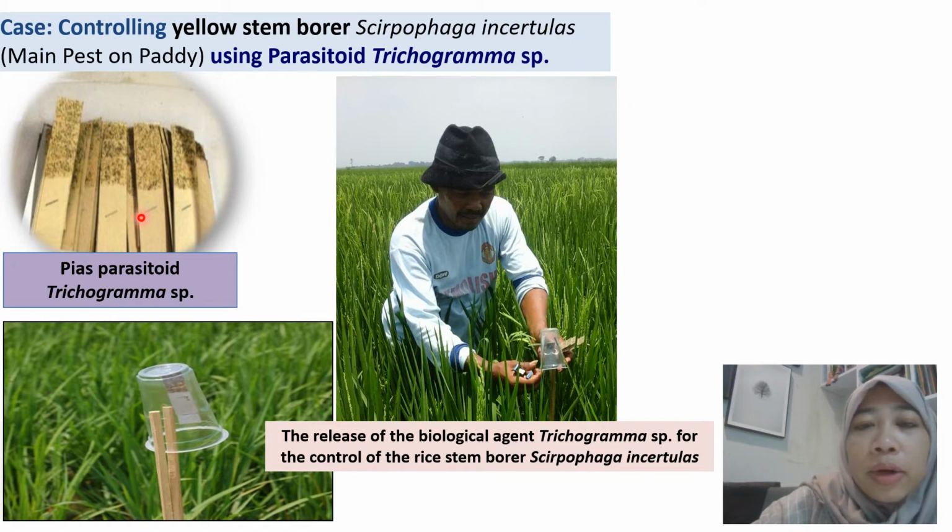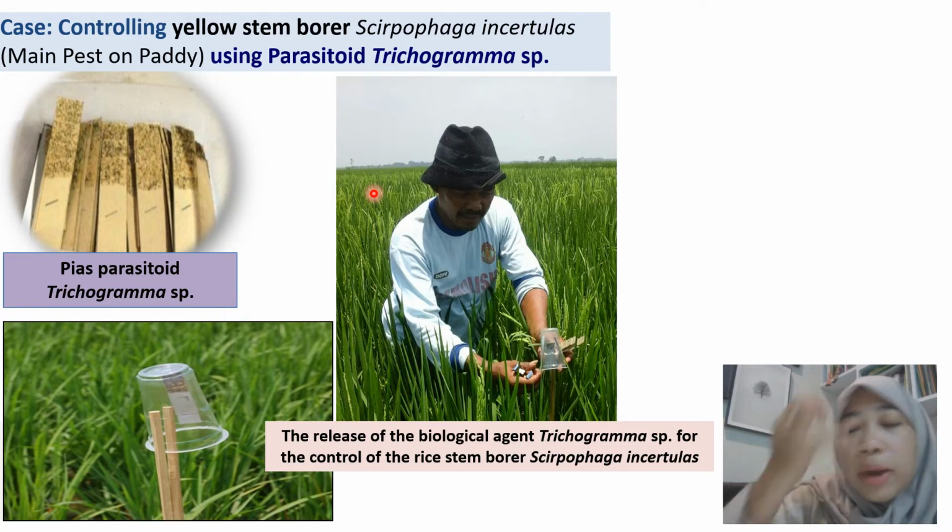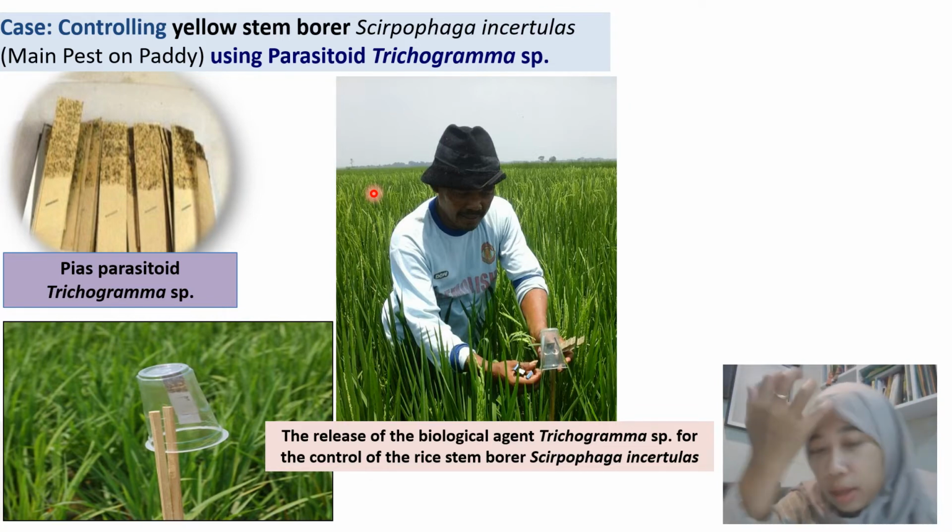They can also improve the natural enemies, which is the parasitoid. And this is how they release the parasitoid. They're using a plastic bottle like this to protect the parasitoid from rain.